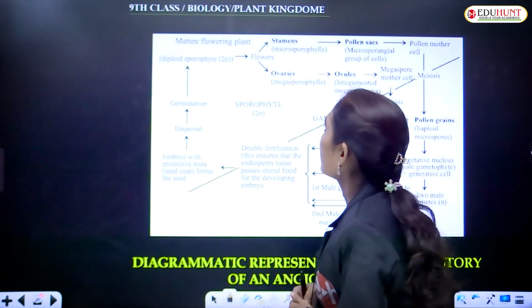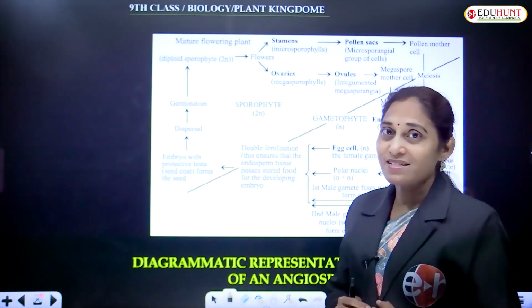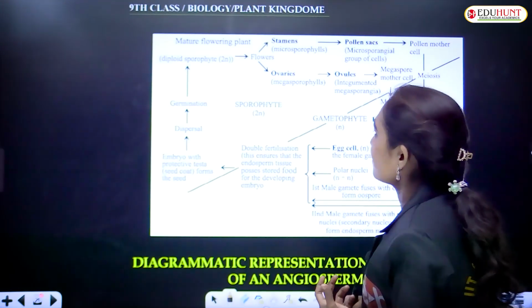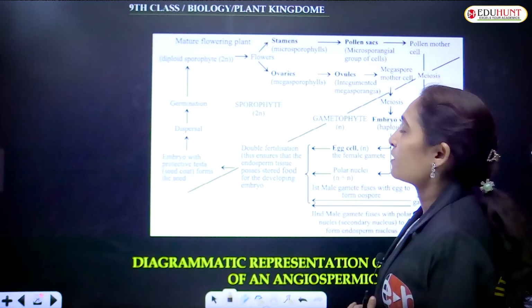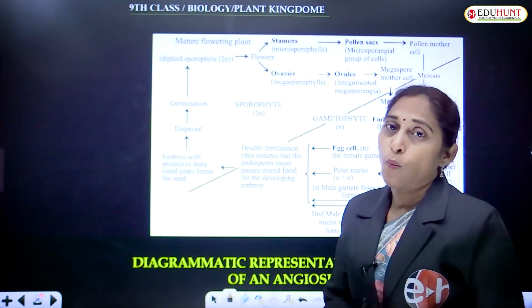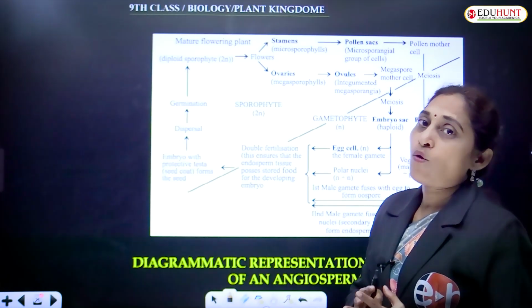Let us see the mature flowering plant, which bears flowers, and each flower has androecium and gynoecium, as I mentioned earlier. The androecium consists of the stamens, which give rise to microspores.